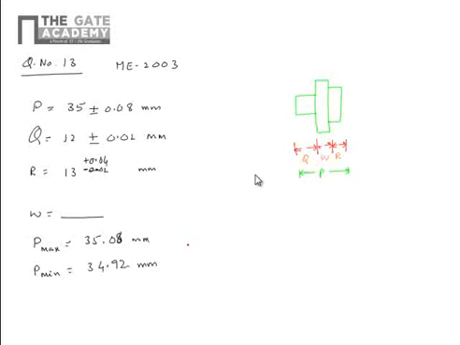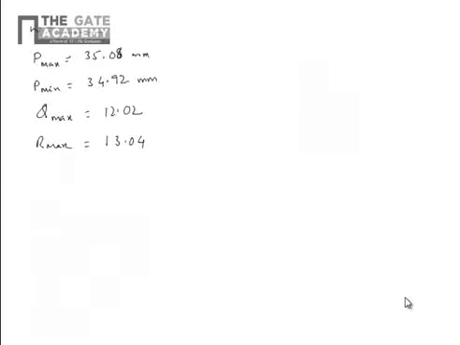Subtract, 35 minus, suppose 35 is one thing. Similarly, Q max, R max. So W max equal to P max minus Q max plus R max.